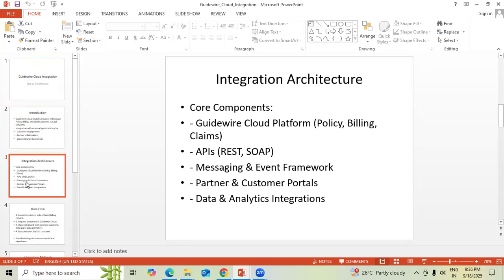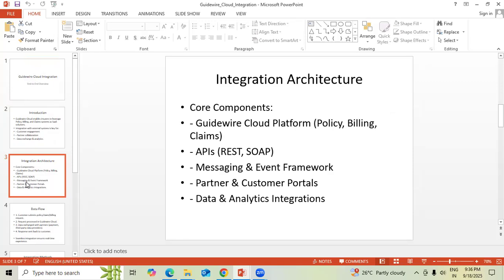Next, when it comes to the integration architecture, these are the core components. The first one, as usual, is the Guidewire cloud platform, which can be PolicyCenter, BillingCenter, or ClaimCenter. Next, for integration architecture, we must be using APIs. We have many, right?